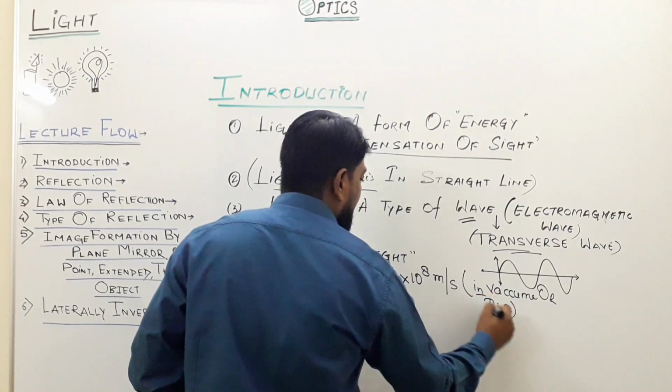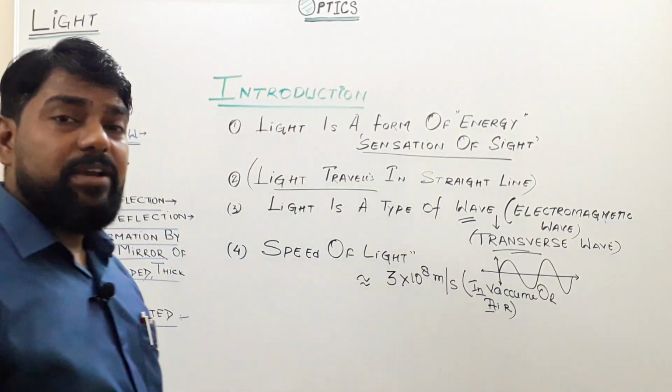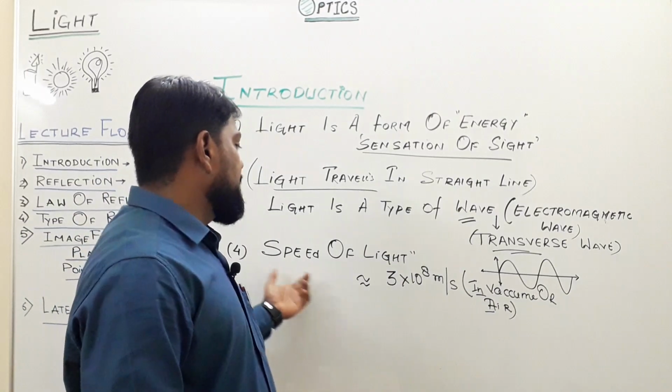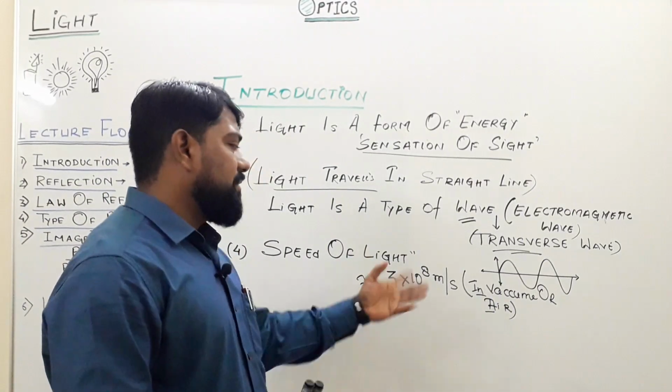There is a very, very small difference when we are talking about speed of light in vacuum or in air. That's why we used to say that the speed of light is approximately 3 × 10 to the power 8 meter per second in vacuum or in air.